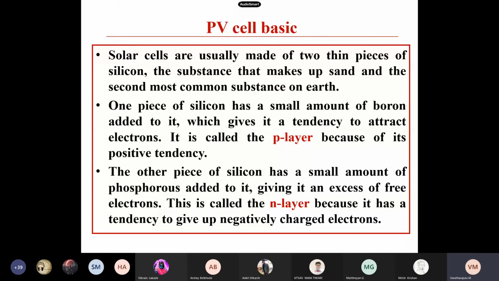One piece of the silicon has a small amount of boron added, converting it into a p-type semiconductor. When it is added with phosphorus, it acts as an n-type semiconductor.